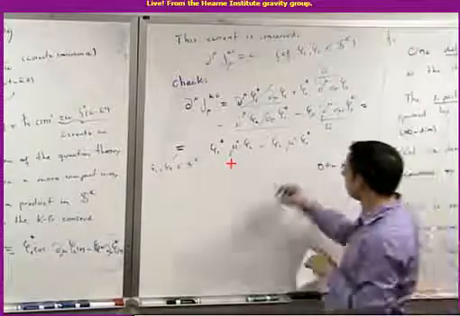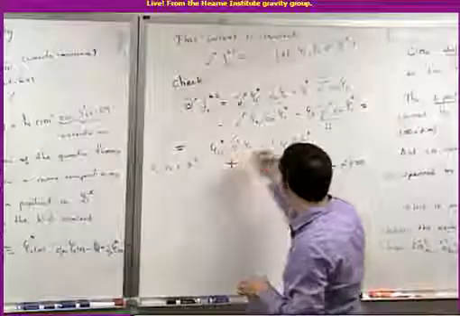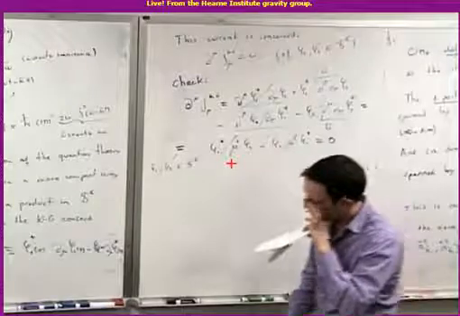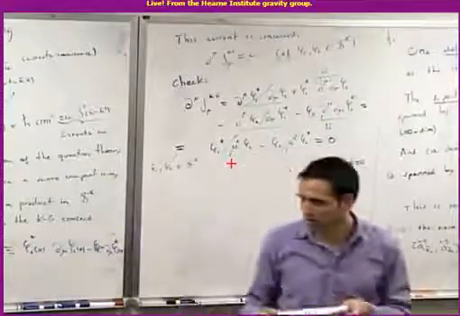So this is equal to this, and this gives me 0. Therefore, that current is covariantly conserved.